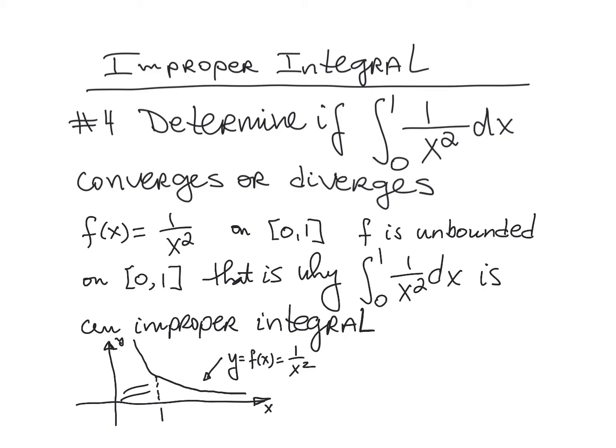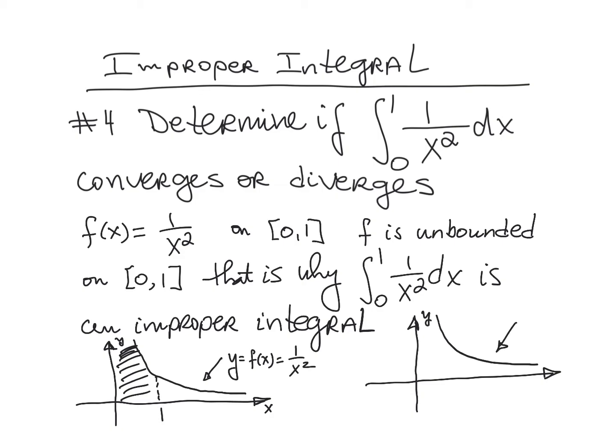So there's an area right in here that's entrapped by the x-axis, the y-axis, and the graph of 1 over x squared. If the integral converges, the area is finite. If the integral diverges, the area is infinite.